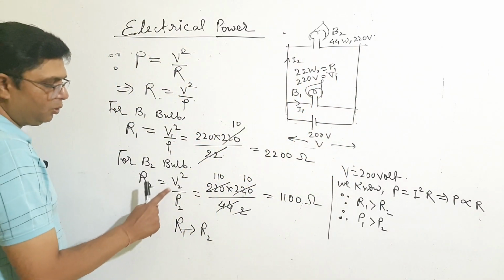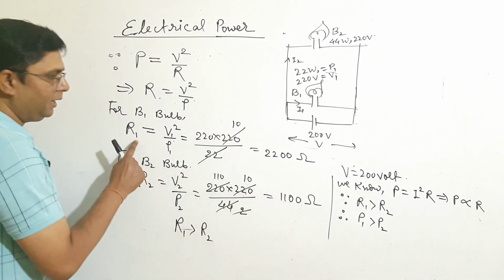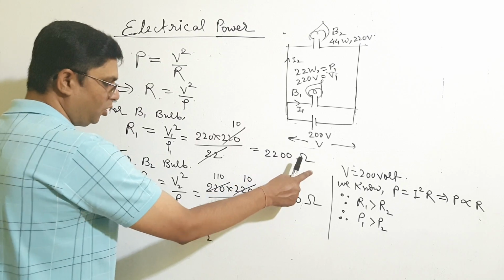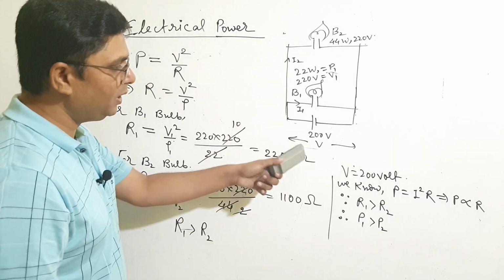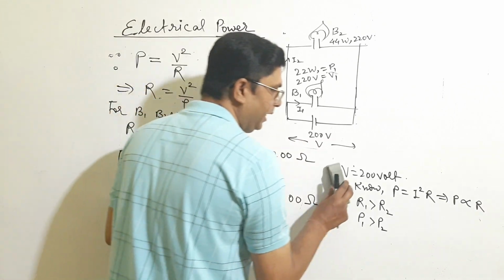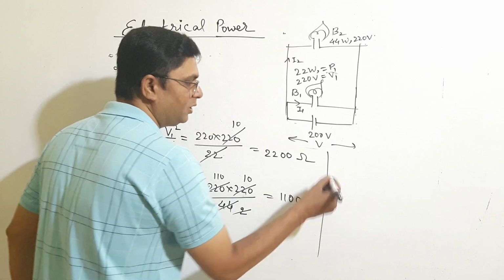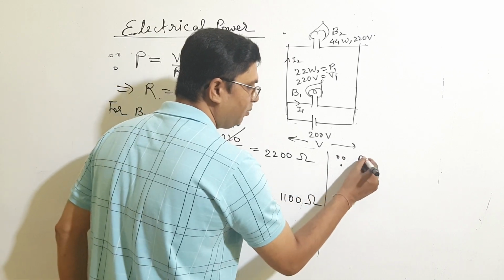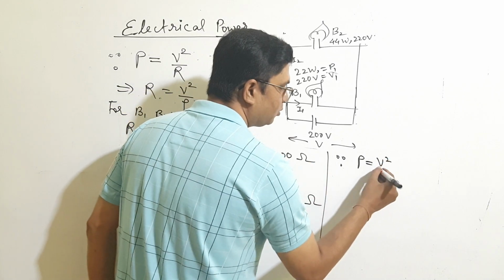Putting in V2 and P2, you again get 1100 ohm here and 2200 ohm there. So R1 is greater than R2. But in this case, the common term is V. V is constant, so we use the formula for power P equals V square by R.